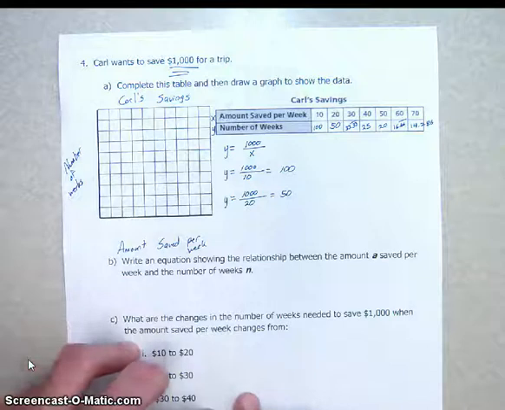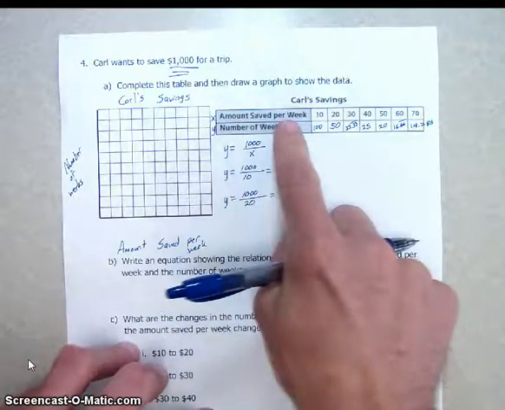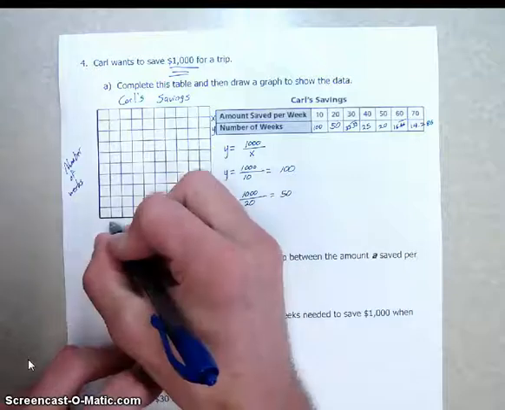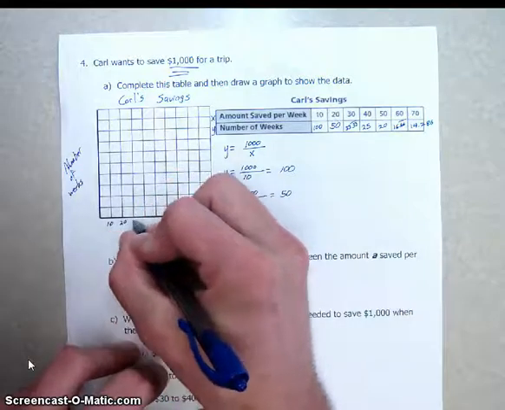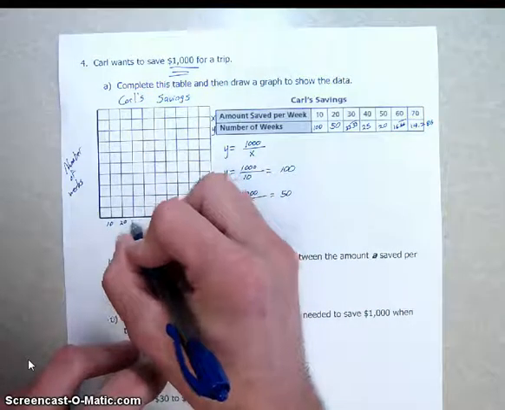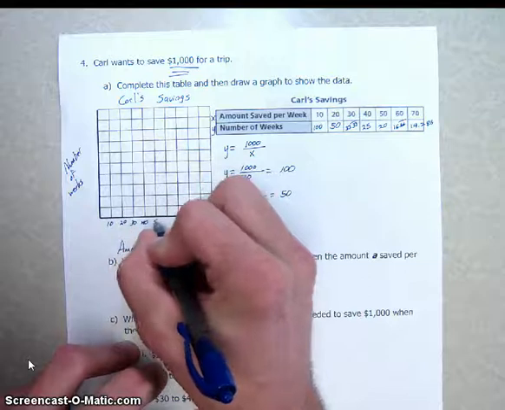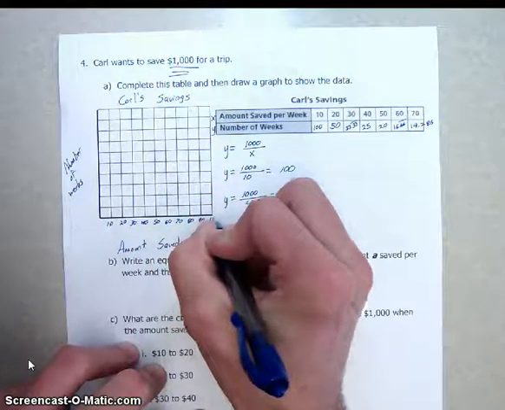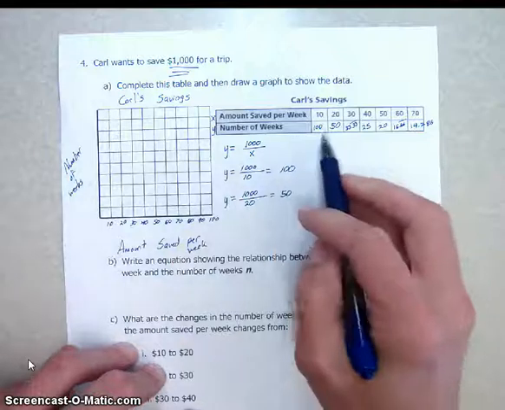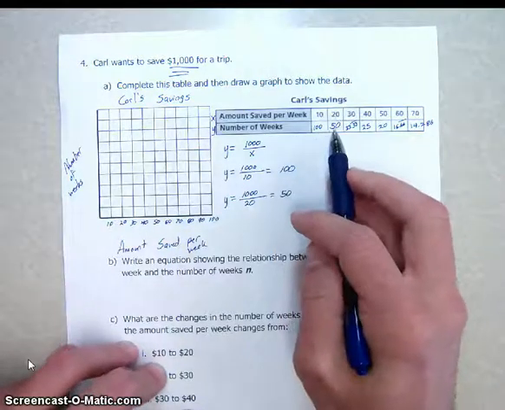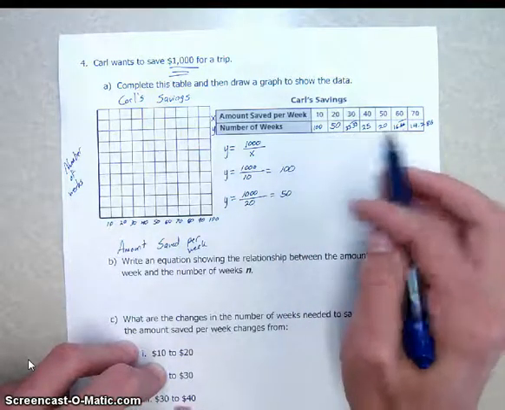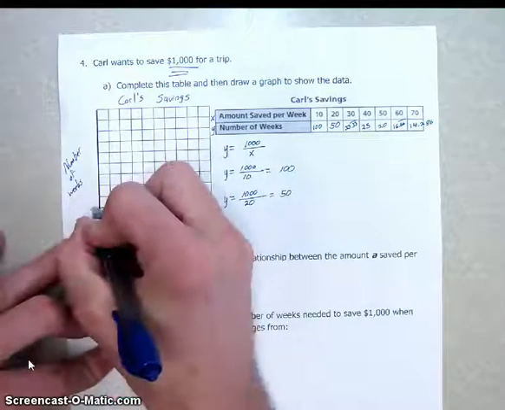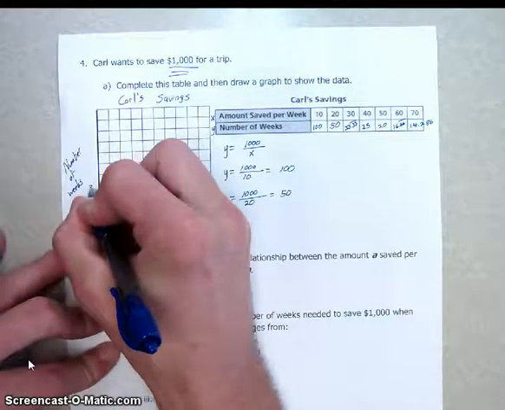My amount saved per week is just going up by tens, starting at 10 and going to 70, so I'll count up by tens on my scale. For the y-axis, I have to get to 100. We do have some decimals in there, so the same thing will work: start at 10 and go up by tens.